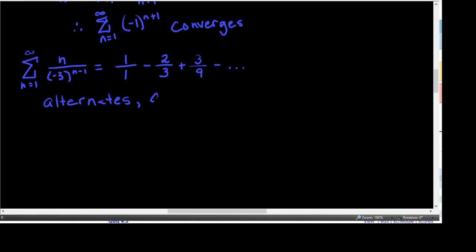alternating series test. So the next thing I want you to write down is what is a sub n? This is where it gets tricky, because this one is not written in a form where you can automatically just write what it is. So let's go back out here and work with that algebraically so we can figure out what would that be if we kind of separated the negative 1 part out of it.